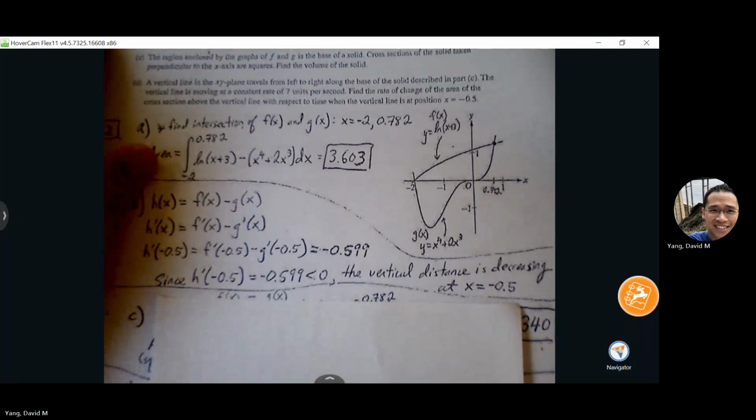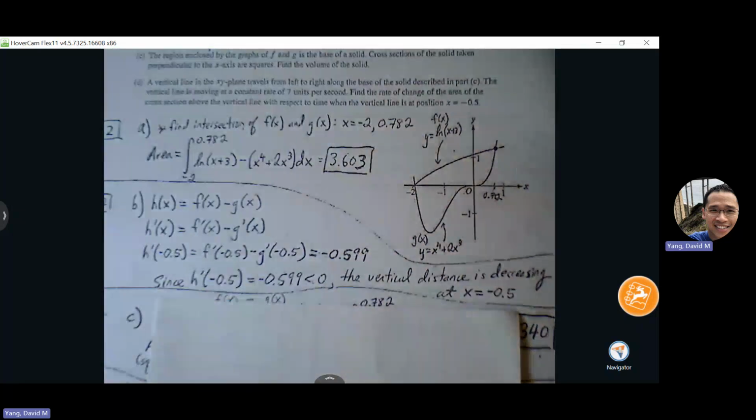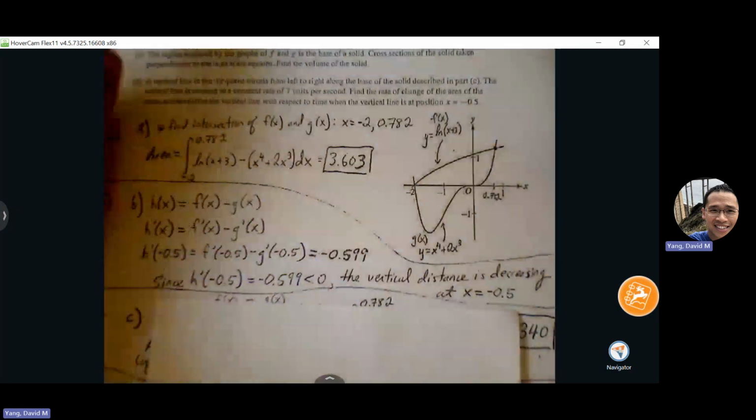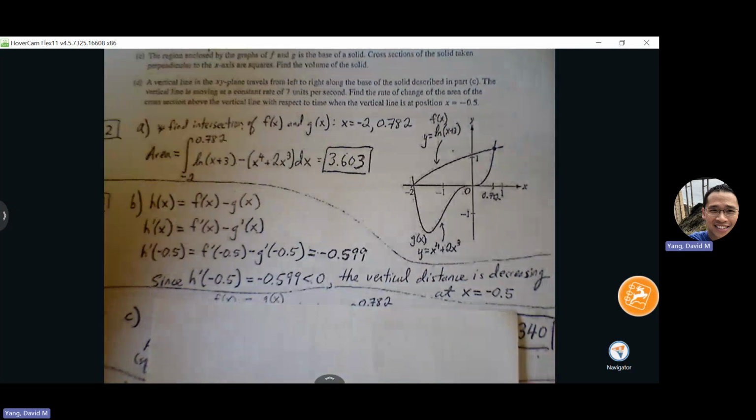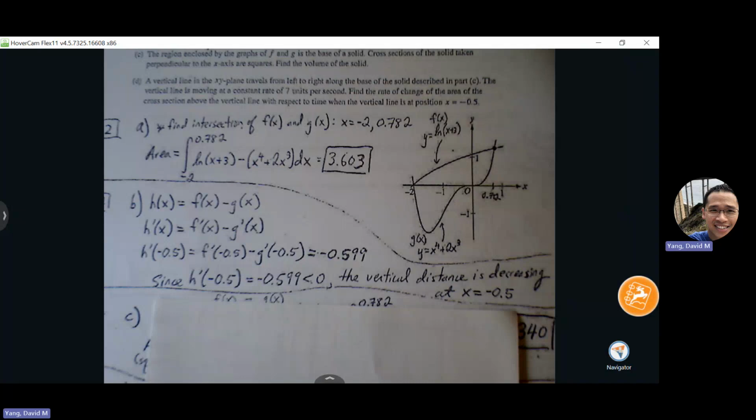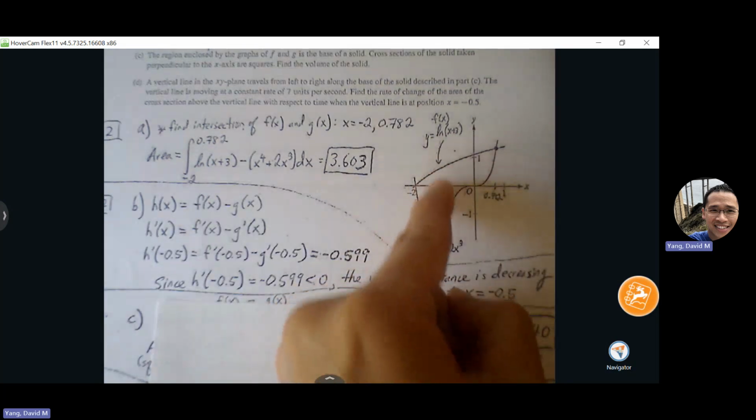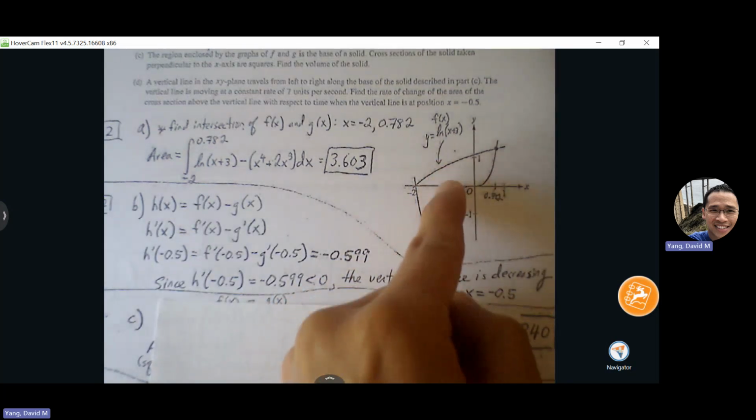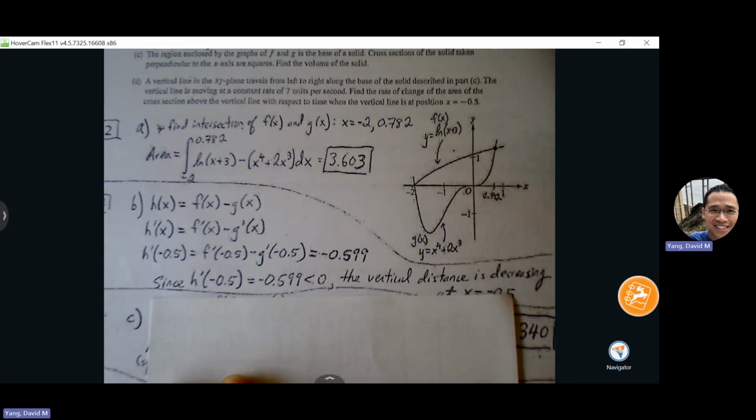Part C, the region enclosed by the graph of f and g is the base of a solid. Cross sections perpendicular to the x-axis are squares. So we're doing a volume problem with cross sections. We know that we can find that vertical distance. It's just going to be f of x minus g of x. That's our base length.